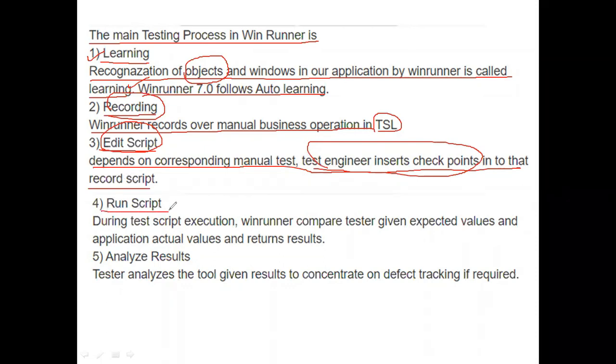After that, run the script. During the test script execution, WinRunner compares the tester-given expected values and the application's actual values and returns results.